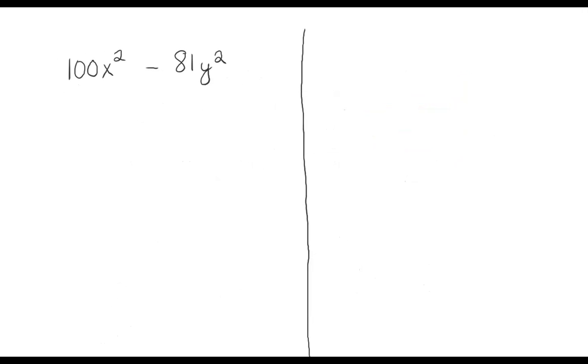Let's try 2 problems for you guys. Let's try, there's no parenthesis yet. Let's try 100x squared minus 81y squared. And then let's also try x to the 4th minus 16.